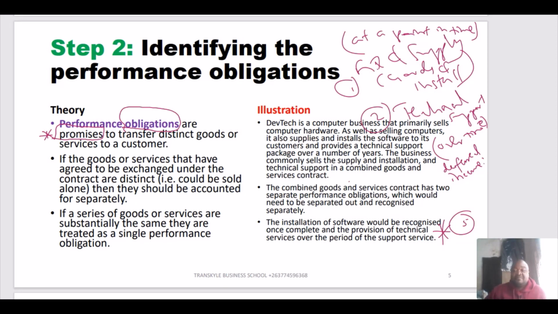And when you're talking of deferred income, we are talking of amortization of income. The income will be recognized in an amortized fashion. That is it, ladies and gentlemen. That's the idea. So you need to identify your performance obligation.